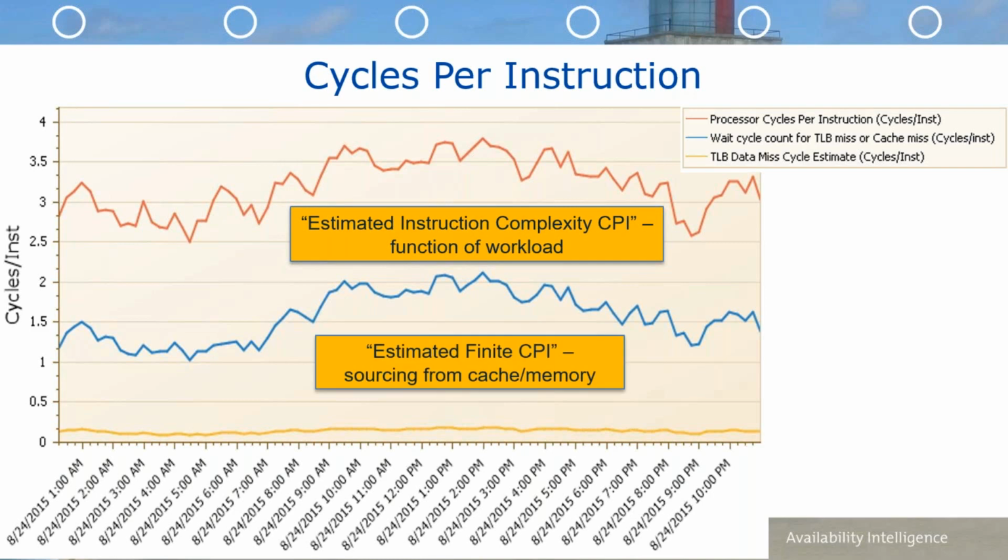But since reality is that we have a finite amount of level 1 cache, limited to a size that can be accessed in a single machine cycle, the area below the blue line reflects the cycles spent waiting for data to be staged from processor cache or memory due to level 1 cache misses, and it's termed the estimated finite CPI. So reducing these unproductive cycles is the focus of efforts to optimize processor cache.